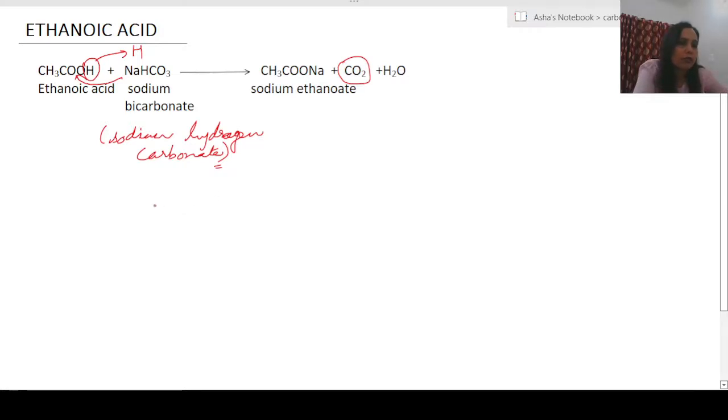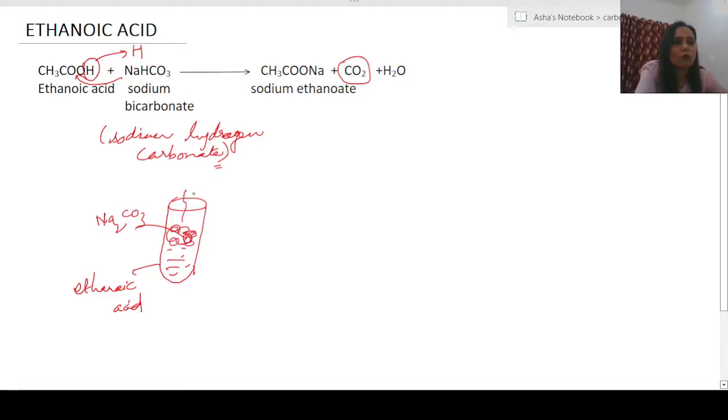Suppose this is a test tube here, and in this test tube there is ethanoic acid, and if to this ethanoic acid you add Na2CO3 or NaHCO3, there will be a brisk effervescence with the evolution of gas.